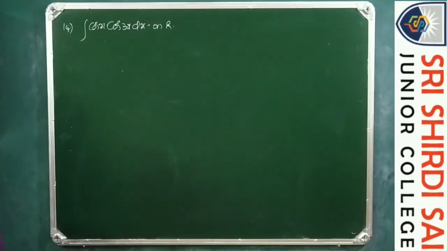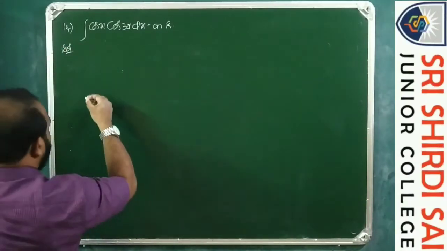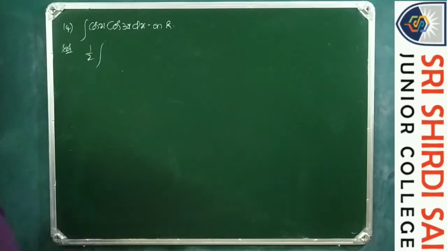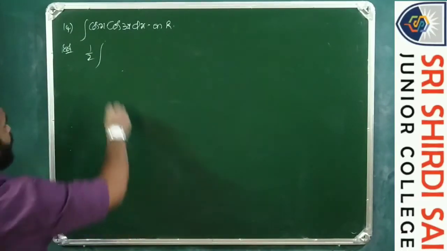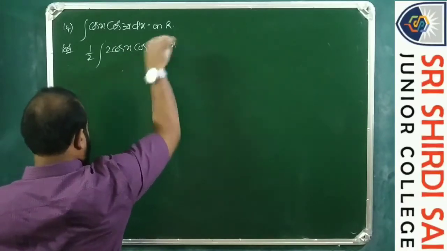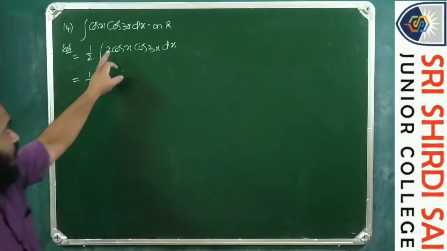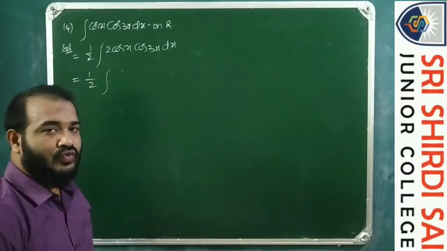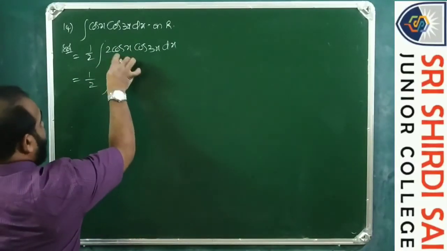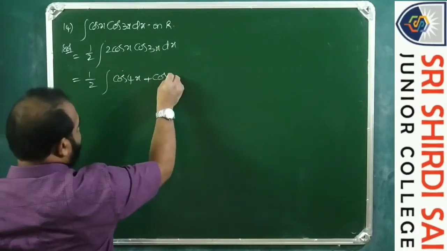Integral cos x into cos 3x dx on R. The very first thing that we have to do is multiply and divide by 2, so 2 cos x cos 3x dx. We know 2 cos a cos b is cos (a plus b) plus cos (a minus b). So x plus 3x is 4x, plus x minus 3x is minus 2x.